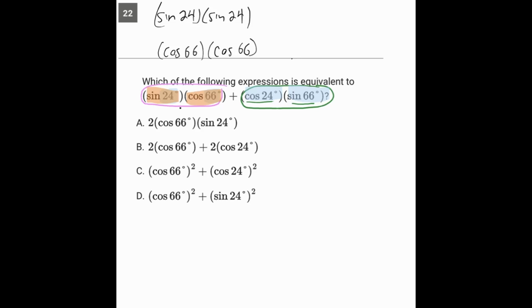And that's because sine 24 and cos 66 by definition are equal to one another. They're cofunctions of complementary angles. So I can substitute one of them for the other one. Same thing for the blue ones. We can call both of these cos 24, or we can call them both sine of 66.